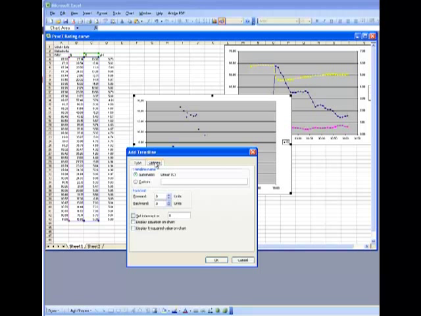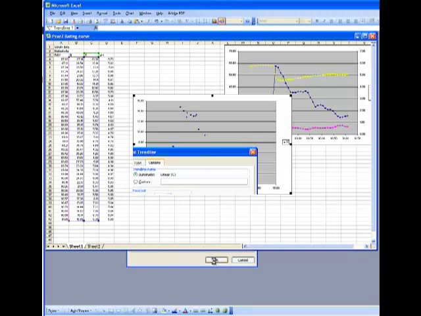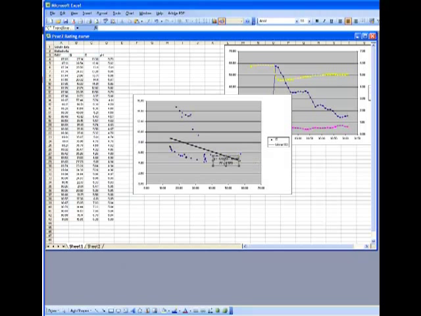Linear trend line, and put the equation and the R squared on the chart. Move that so we can see it. Okay, the R squared is very poor, and you can tell that there's a quite big scatter on those data points.